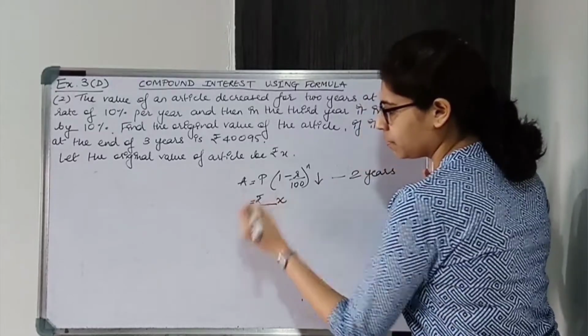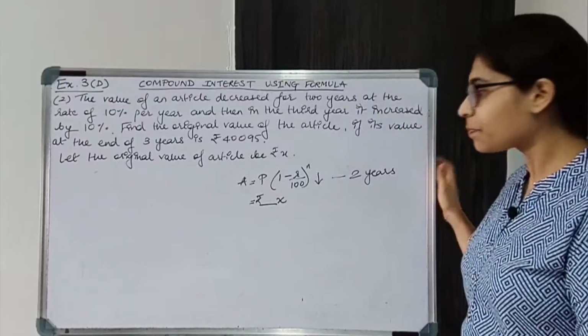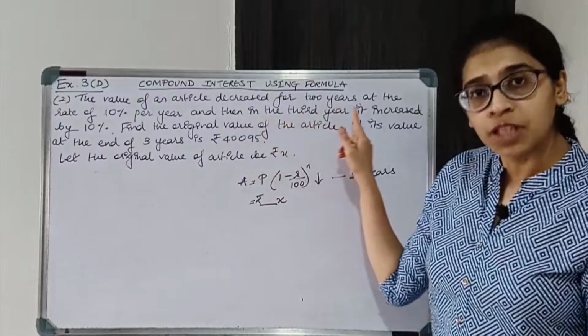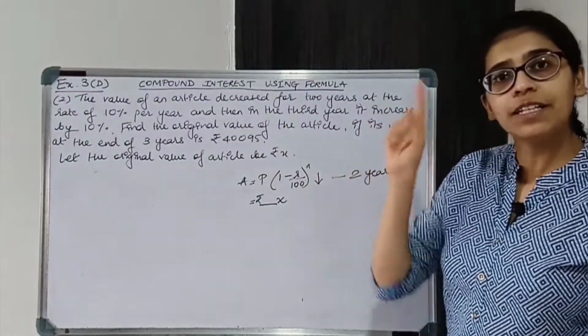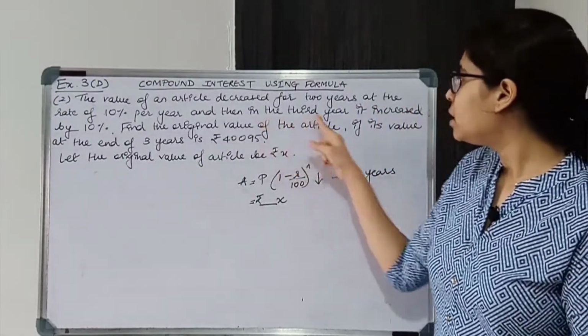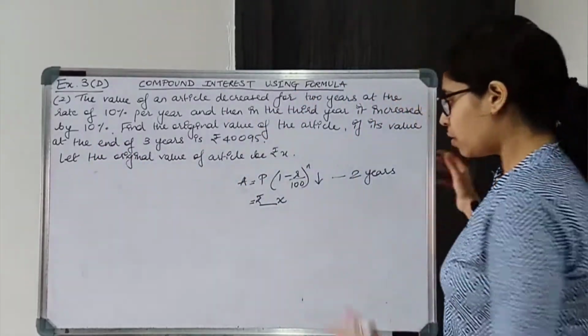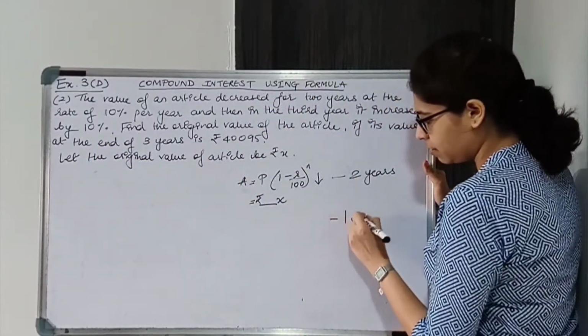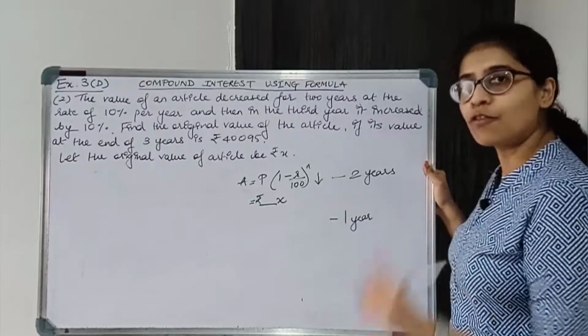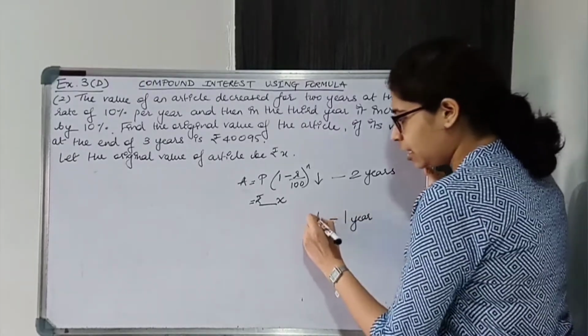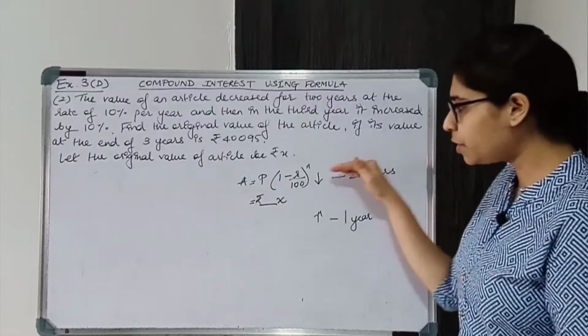Okay, now for the third year, okay, third year means 1 year. For 1 year, in the third year it increased by 10%. So in third year, for 1 year it is increasing. For 2 years it is decreasing.